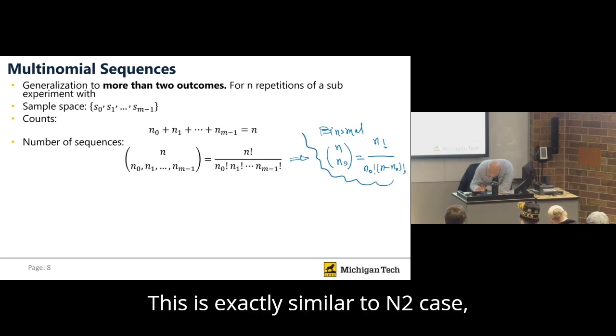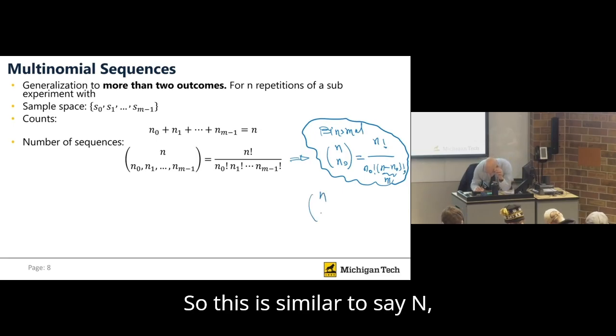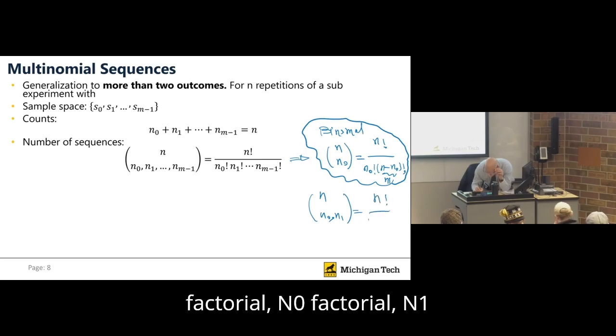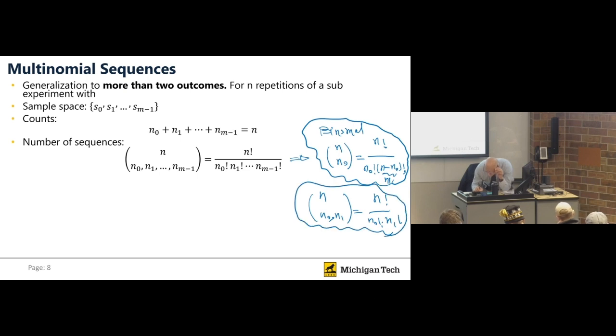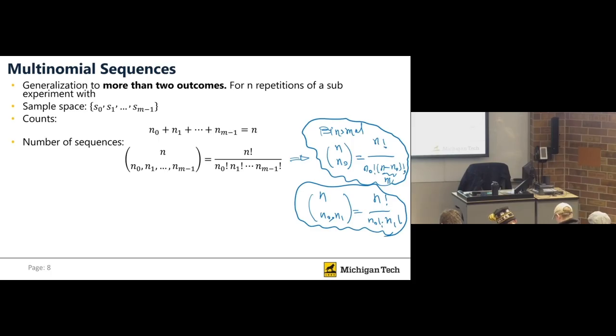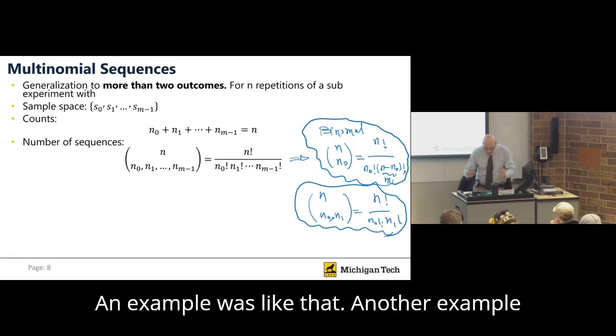So this is exactly similar to the 2 case, because this is n1. Okay? So this is similar to n factorial over n0 factorial and n1 factorial. That's it. It's similar. N1, because we had just 2 cases, n1 is n minus n0. Okay, that's called multinomial. An example was like that.